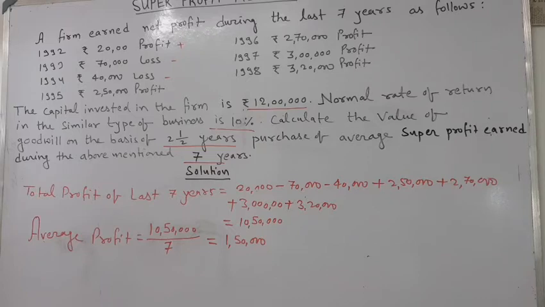How to calculate average profit and weighted profit, I have already discussed in the last video. If you have built the concept in calculating average profit and weighted average profit, then you can understand easily how to calculate super profit.